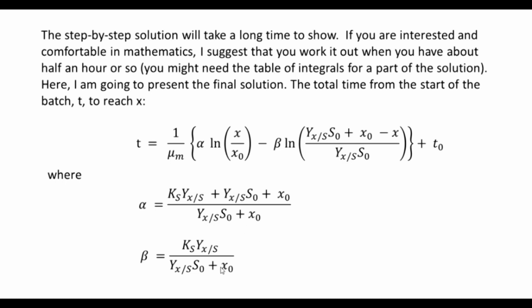Okay. It will take quite a bit of algebra to show this. If you are good at math, interested, please go ahead and show it to convince yourself that it is indeed the case.